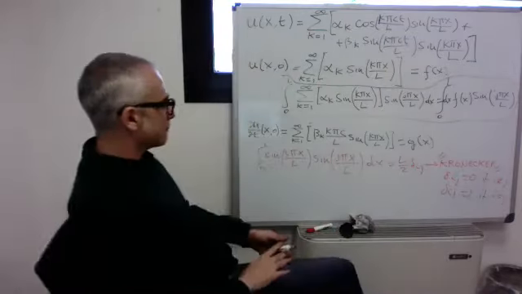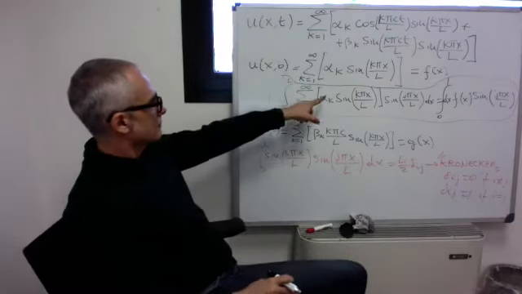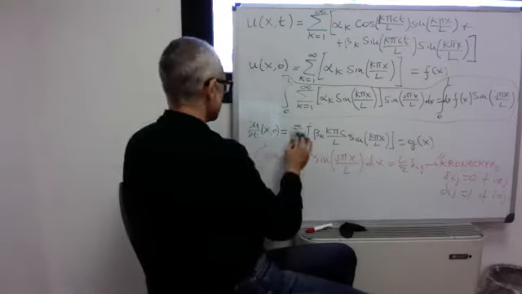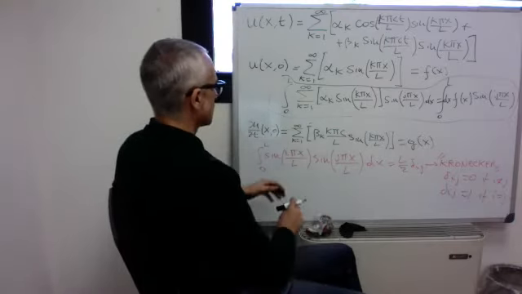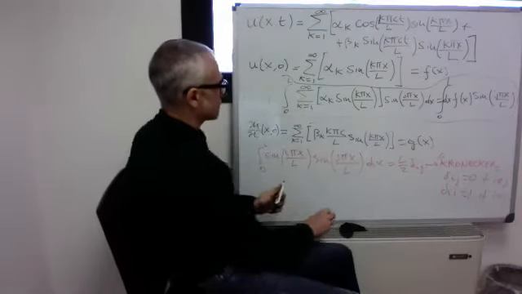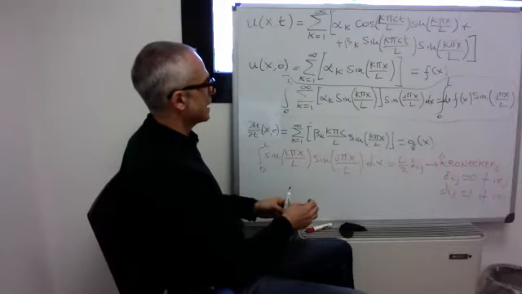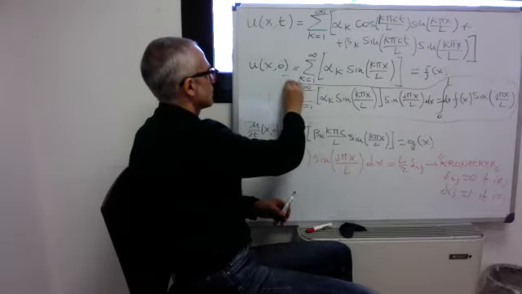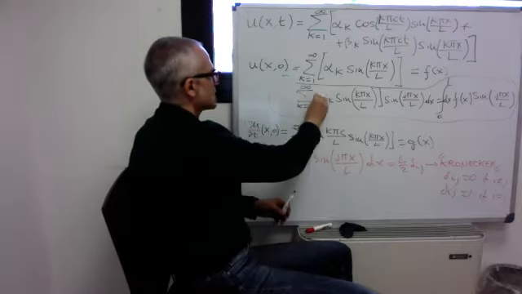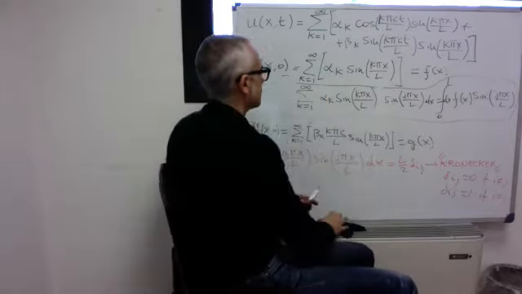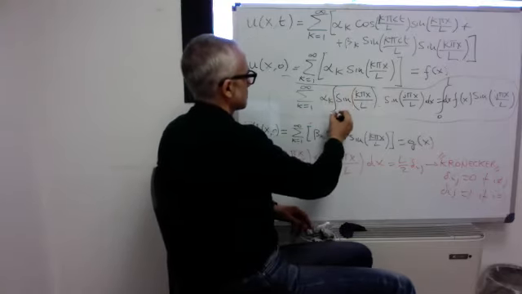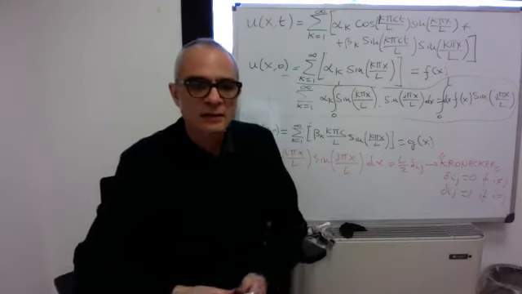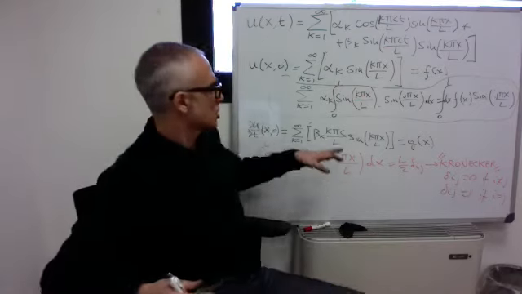Now look, the integral at the left-hand side, if you believe me that you are allowed to pull the sum outside of the integration. These are two linear operators, so we can interchange them with one another.